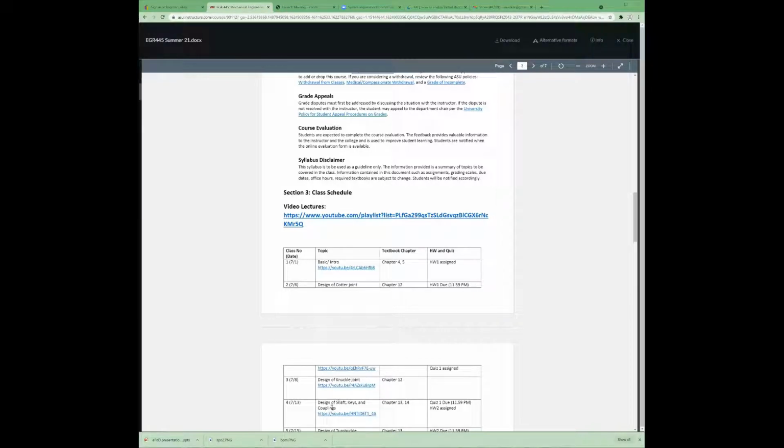Then the next class is going to be about design of shafts, keys, and couplings. So in today's class, I'm going to talk about design of shafts, but in lesson number 4, we will talk about starting from shafts, how to design keys, and how to design couplings.